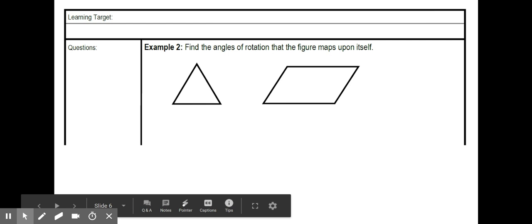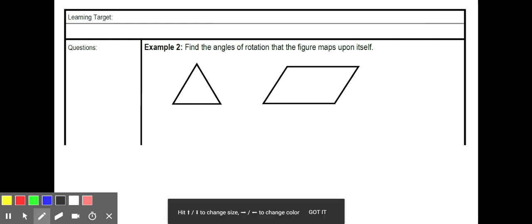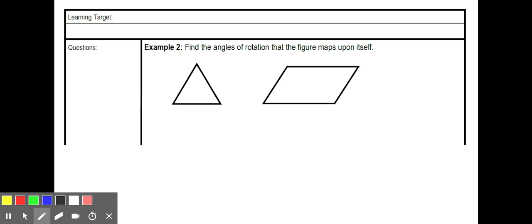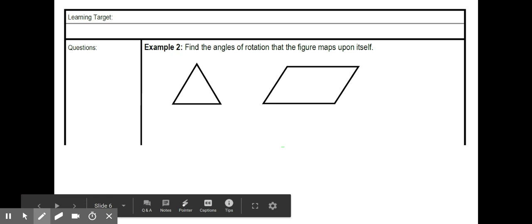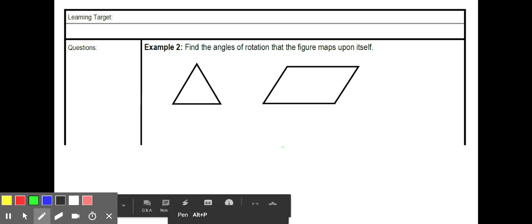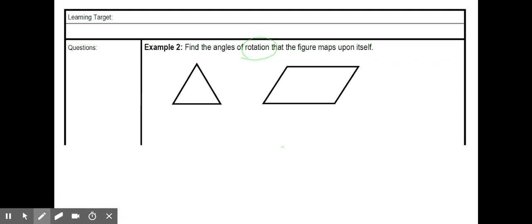Okay, example 2. Find the angles of rotation that map the figure upon itself. Here we want to take a look at rotations and angles of rotation. If we remember our rotations lesson, we have a point of rotation, which becomes our vertex.